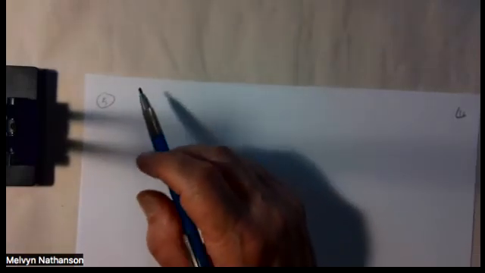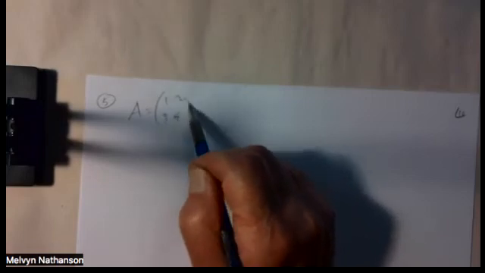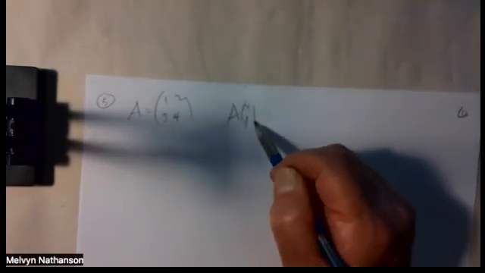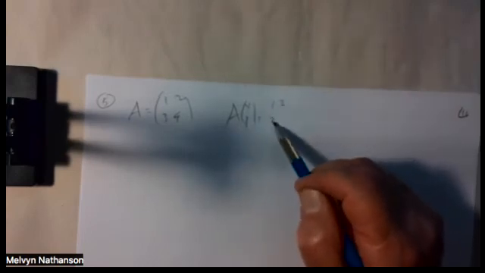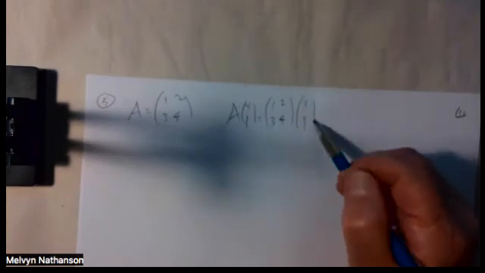So in number 5, we have a matrix 1, 2, 3, 4. So A applied to x, y, that's 1, 2, 3, 4 times the vector x, y. That's x plus 2y, 3x plus 4y.